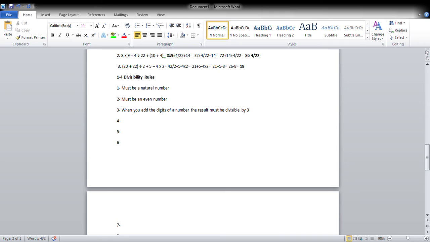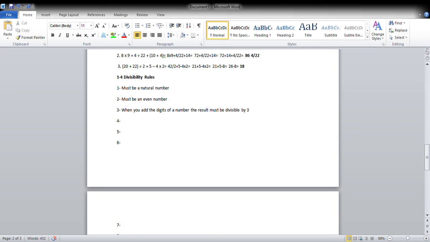So if you get like 999, when you add those, you get 27. You have to know that 27 divided by 3 is a whole number or a natural number with no decimal. And you have to know 27 divided by 3 is 9. So that means 999 is divisible by 3.